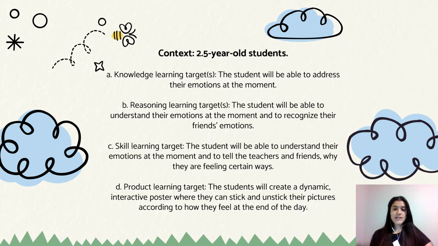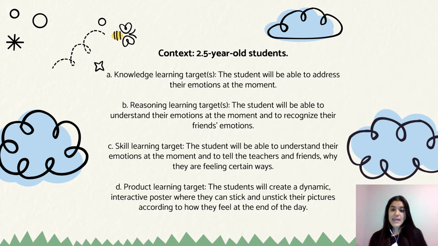So the targets are: the knowledge learning target will be the student will be able to address their emotions at the moment. The reasoning learning target is the student will be able to understand their emotions at the moment and to recognize their friends' emotions. The third will be the skill learning target.